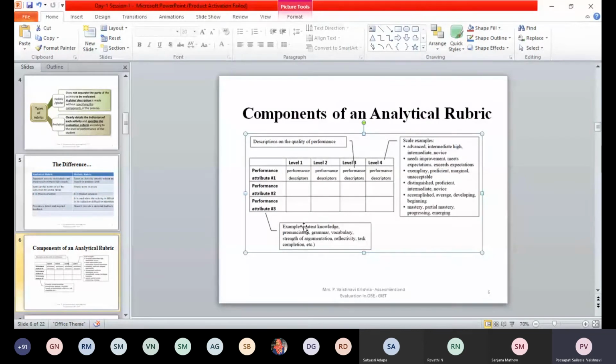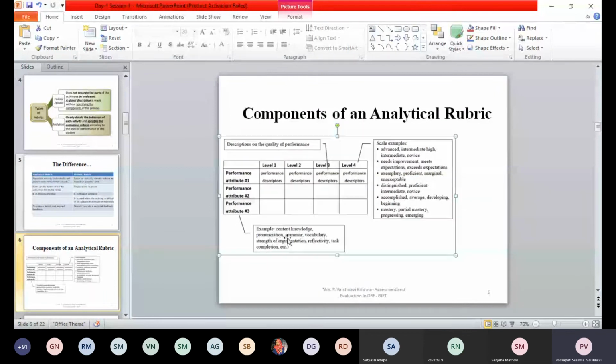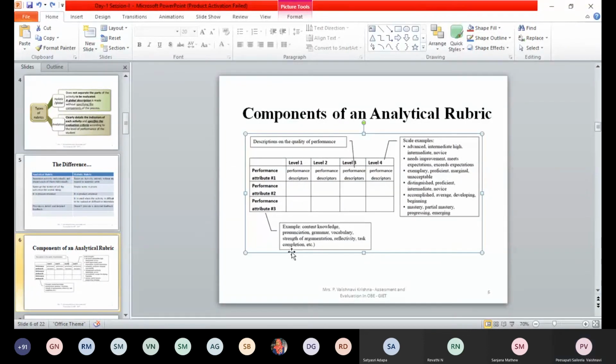Now here, at the bottom, you have examples. All these I have taken from Google. So here, examples: content knowledge. My first performance attribute on which I am judging is content knowledge. And second one, pronunciation, grammar.